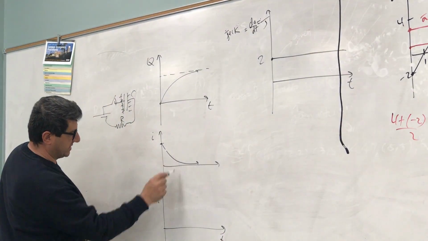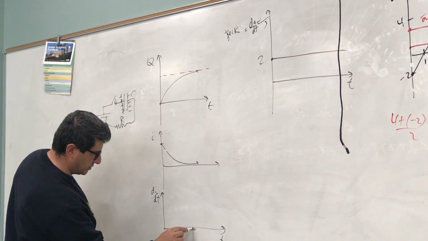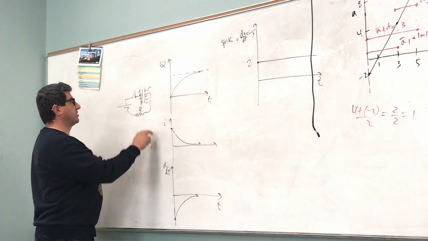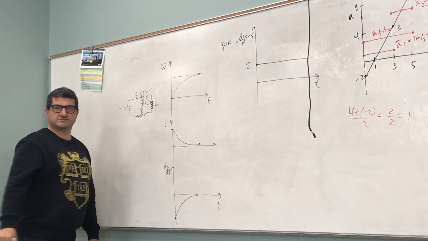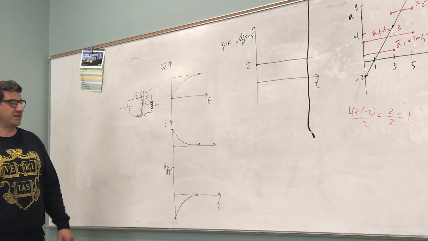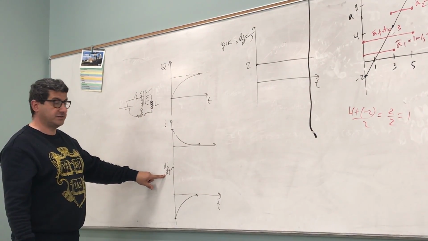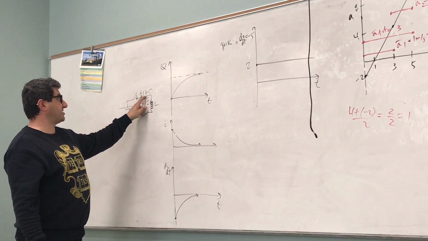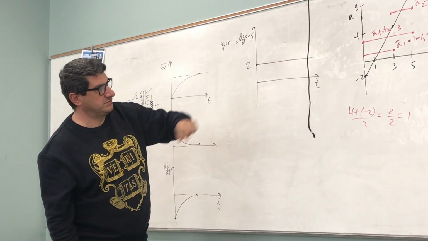So since this is negative, the derivative is going to be like this. And when is the derivative of current important? That's when there's an inductor in the circuit. See? So inductance relies on the derivative of current. Resistance depends on current. Capacitance depends on charge. Charge is to position.